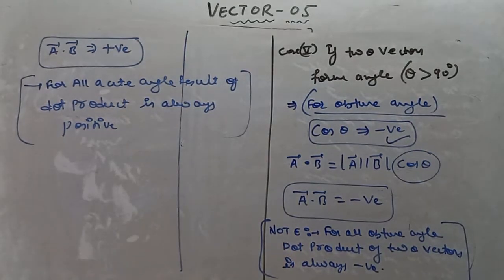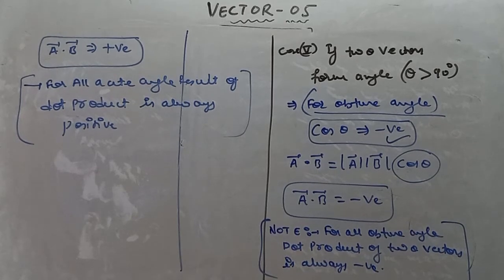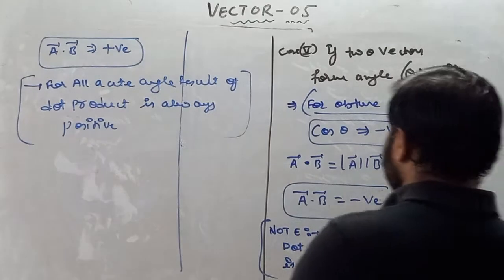If angle between two vectors is acute, then their dot product is positive. If angle between two vectors is obtuse, then their dot product is negative. If two vectors are perpendicular to each other, then their dot product is 0. If parallel to each other, then dot product is maximum positive. If opposite to each other, then dot product between two vectors is negative maximum. So this is all about dot product information.